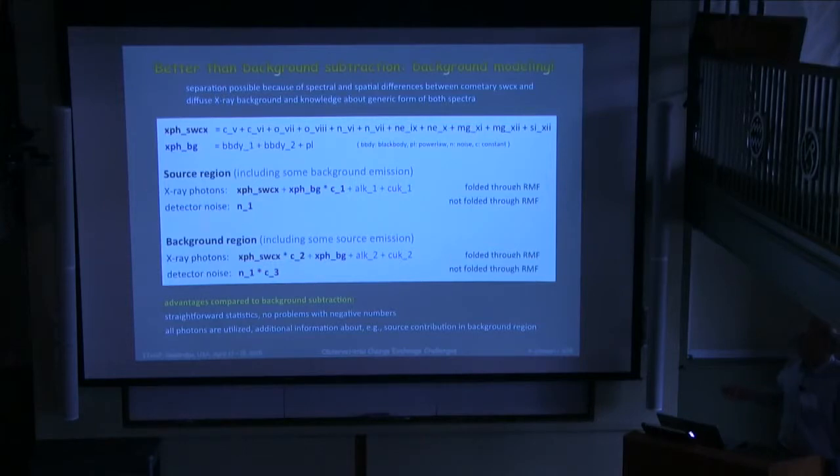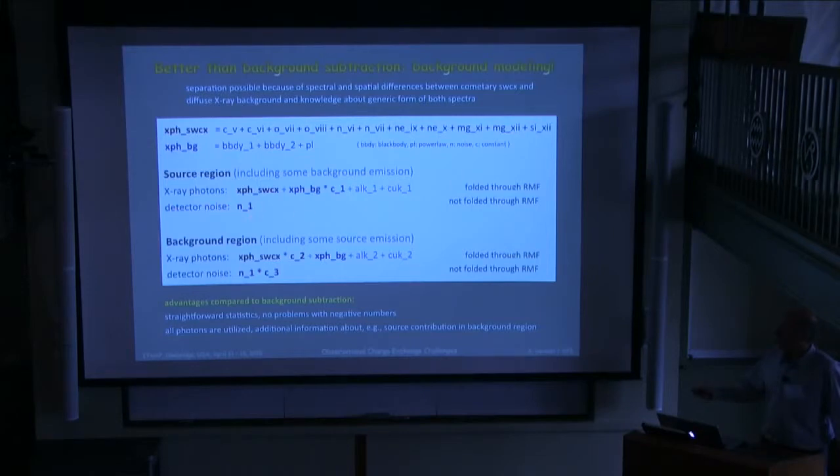We have a source region and a background region. The source region is of course dominated by the source, but has also some contribution from background, while the background region is the opposite. So we just scale these contributions by a constant and couple the fits together in this way. And we can also add some fluorescent emission depending on what is necessary. We are not interested in this, but it is necessary in order to get a reasonable fit.